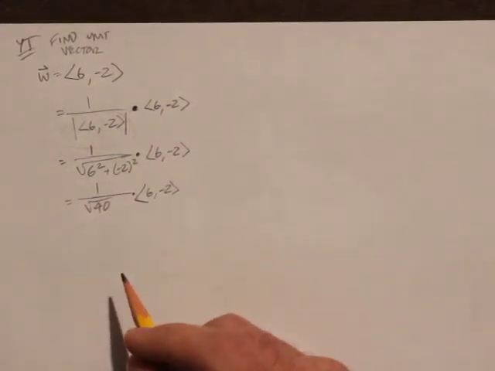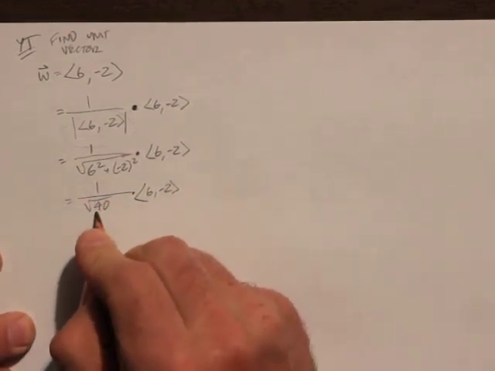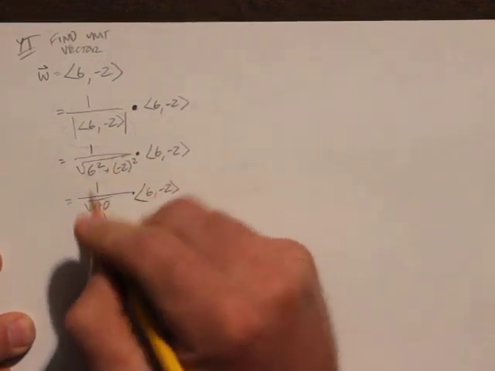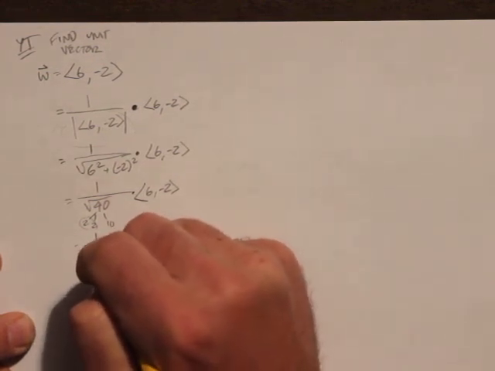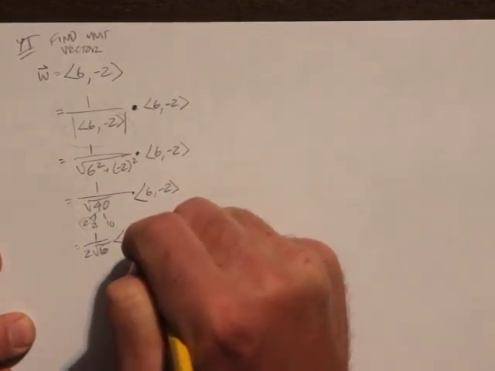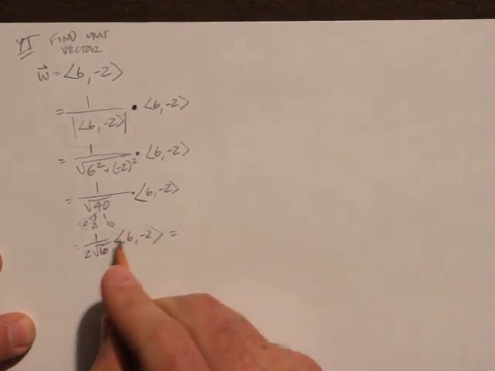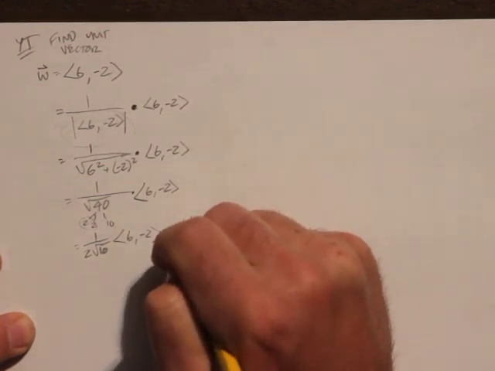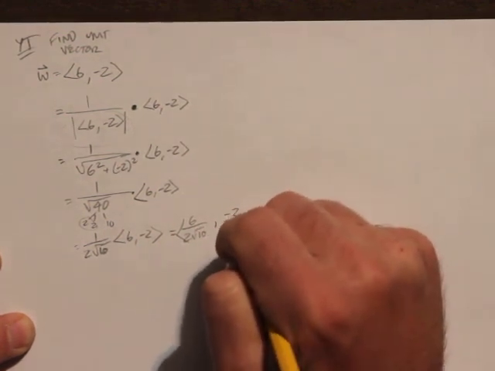Now I'm going to rewrite this as 2 times the square root of 10, because this is 2 times 2 times 10. So I've got 1 over 2 times the square root of 10, and I'm going to multiply that by 6, negative 2. That gives me 6 over 2 square root of 10, and negative 2 over 2 square root of 10.